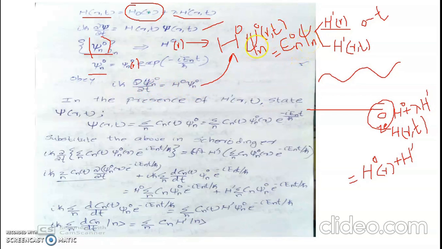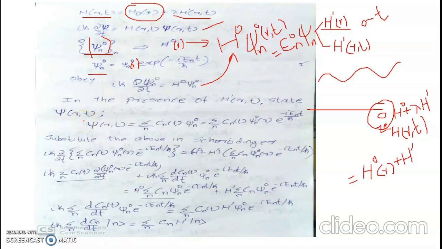Because the time dependence is identical on both sides, you can omit it, as it is in terms of e raised to minus i En t divided by h cross. Now, in the presence of H prime of r comma t, the state function under our choice is psi of r comma t. Whether it is time dependent or time independent, perturbation theory is often common.